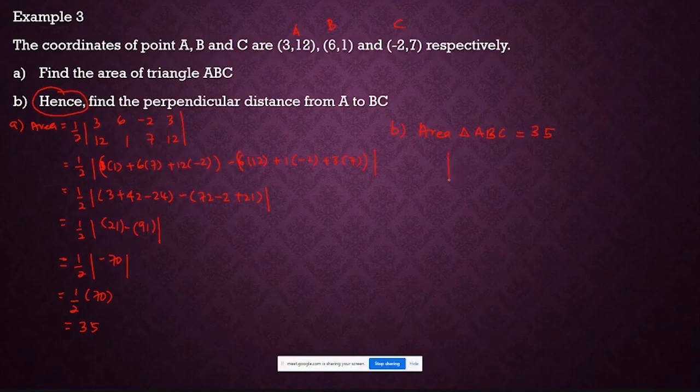If you go to the position of the points, you have point A (3, 12). So this is coordinate A, then coordinate B is (6, 1).